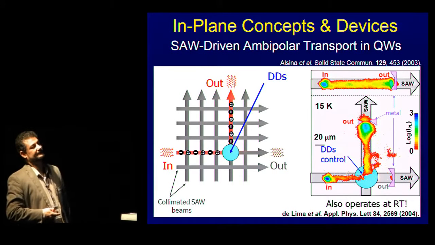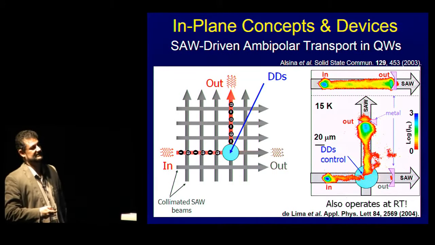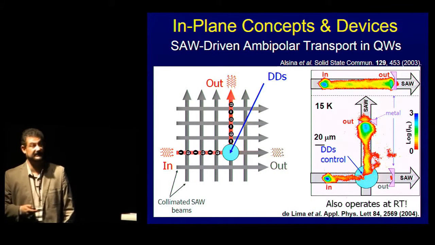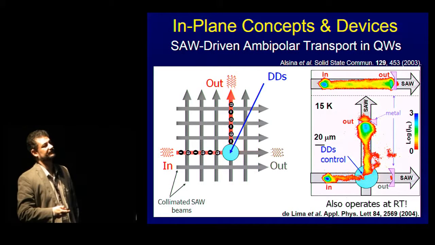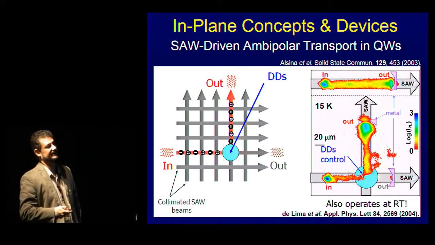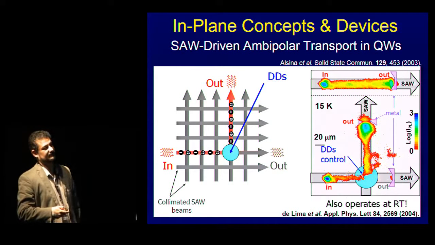And then what the surface acoustic wave does is capture the electron and hole pairs that are created in this position and transport them to a remote location. In this place, we put a metallic stripe, and the piezoelectric potential is quenched, so the carriers that are transported over here have to recombine and emit luminescence there.